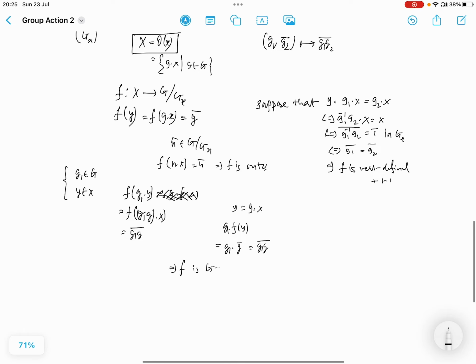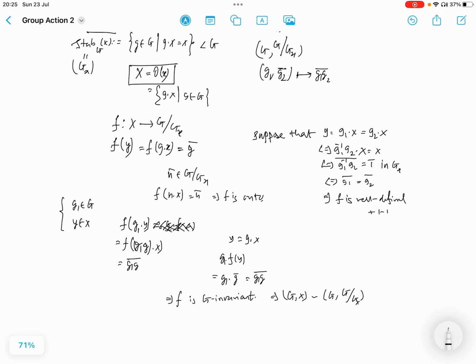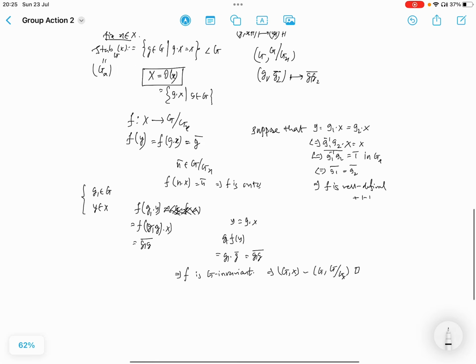So F is G-invariant, and F is a bijection, so we get that X is isomorphic to G modulo G_x. So any such irreducible group action is essentially the same as the group G acting on left cosets of a certain subgroup of G through left multiplication. That is what we get. Now let's see some useful corollaries to it.